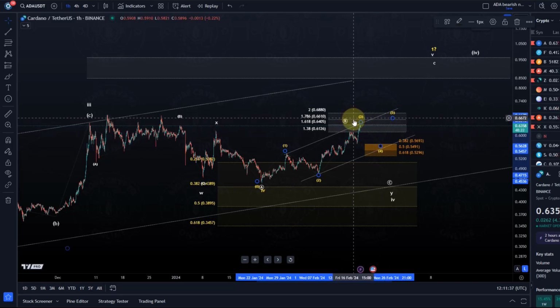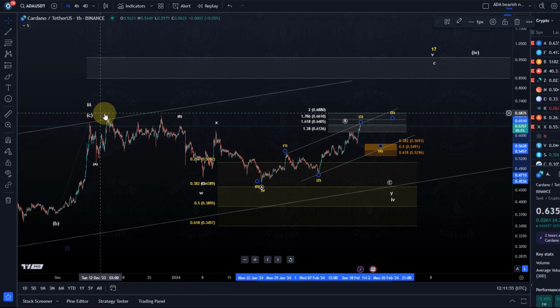Next levels to watch are 66 cents and 68.8. With that additional upside momentum we've seen, Bitcoin is consolidating, but a lot of altcoins are on the move. I think it can still stretch a bit higher. Again, the next levels are 66 and 68.8. Please be aware that around this range of the 1.786 extension and the 200% extension, we also have the previous swing highs.